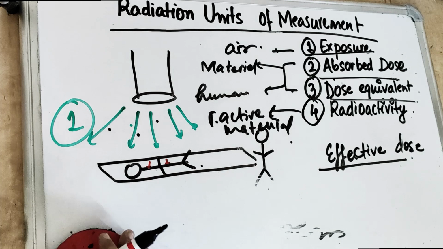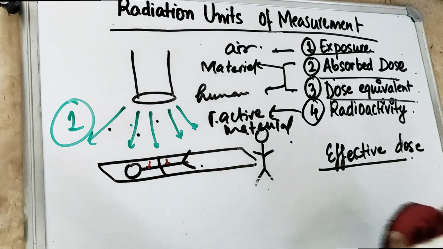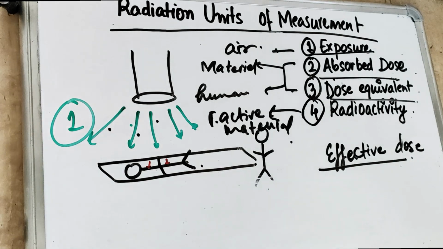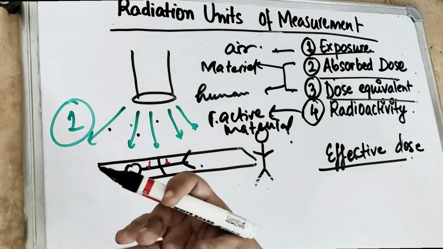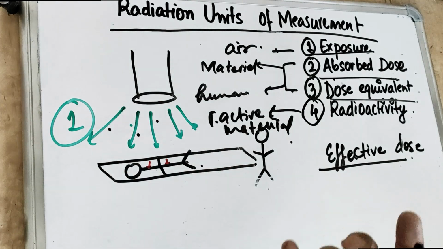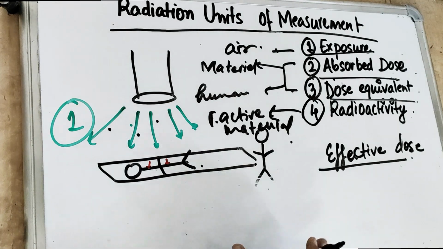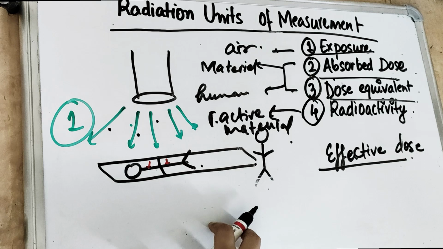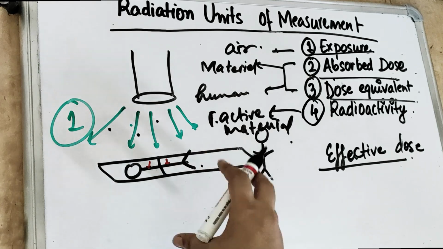Next is radioactivity. Now what do you mean by radioactivity? That means for any radioactive substance, the amount of radioactivity that the substance is giving off is the measure of the radioactivity. So basically it is based on the decay rate of a sample of any radioactive material.